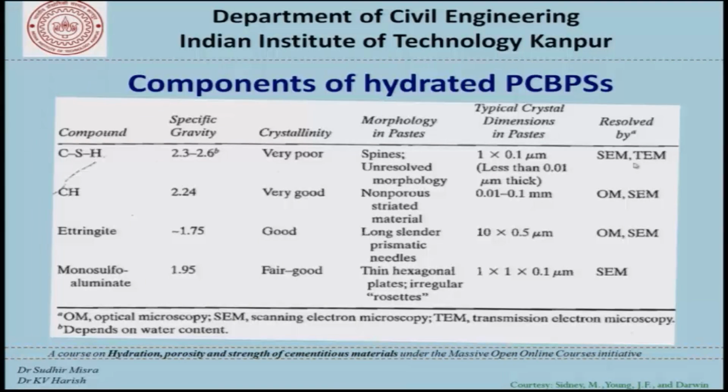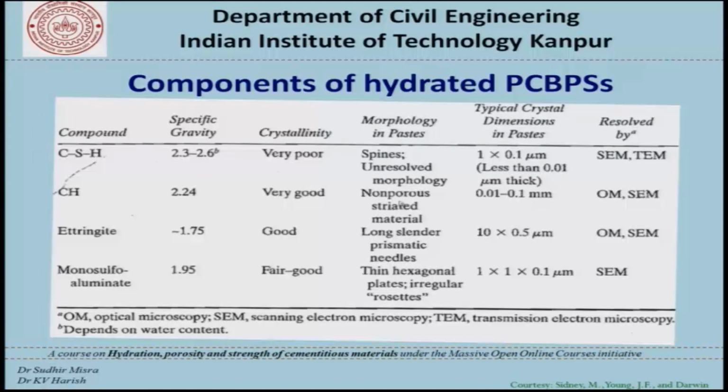We need a scanning electron microscope, TEM or optical microscope to understand how it actually looks at the micro level. Calcium silicate hydrate morphology is described as spines or unresolved morphology. Calcium hydroxide is a non-porous striated material. Ettringite is long slender prismatic needles. Monosulfoaluminate is thin hexagonal plates or irregular rosettes.